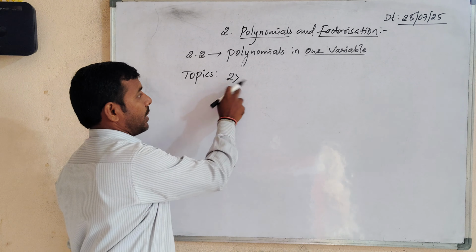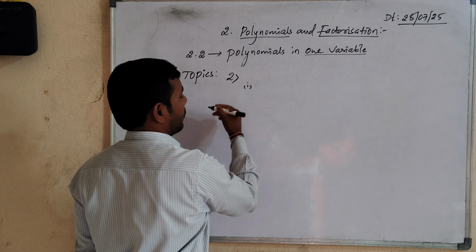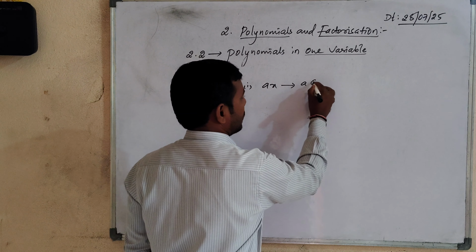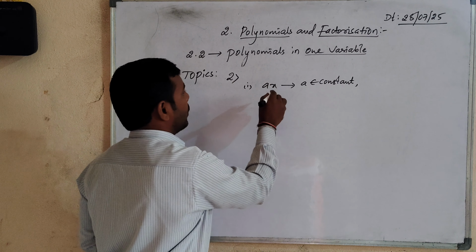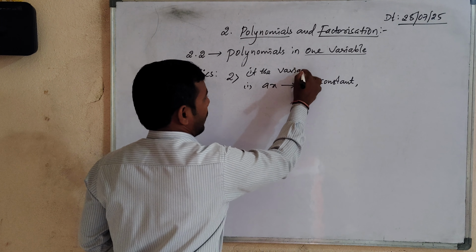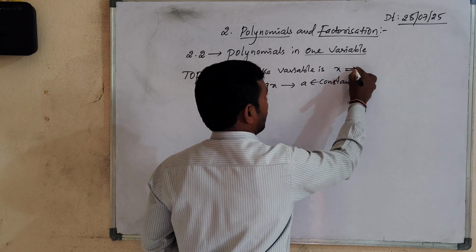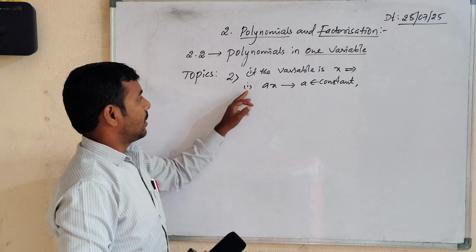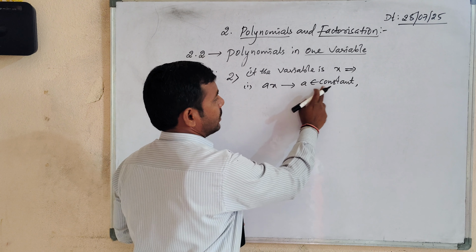Okay, students, see second point. Mainly we have to discuss in this row number 1, ax. In this, a belongs to constant. It should be constant, right? But before that, if the variable is x, then first situation ax, where a belongs to constant.